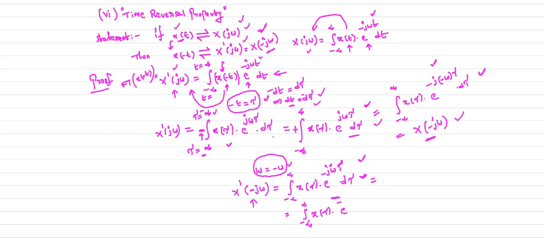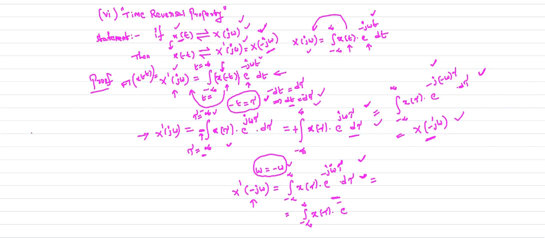So this is proved from the well known equation, the Fourier transform of x of t. Already you know this formula. So using the formula we can prove the right hand side is equal to the left hand side. So this is the time reversal property of the Fourier transform.